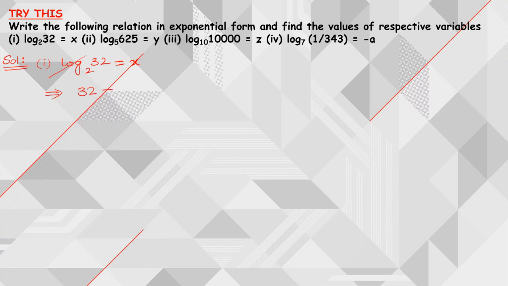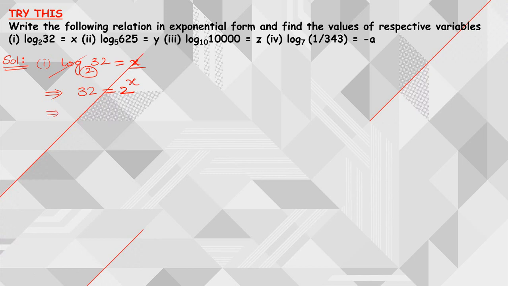So 32 is equal to this 2 which is in the base, you write here, so 2, and this value whatever is present on the right hand side, raise it to its power. Understood? So whenever you want to convert logarithmic form into exponential form, simply cut out log, this base you transpose to the other side as base in the exponential form, and this x you write as power.